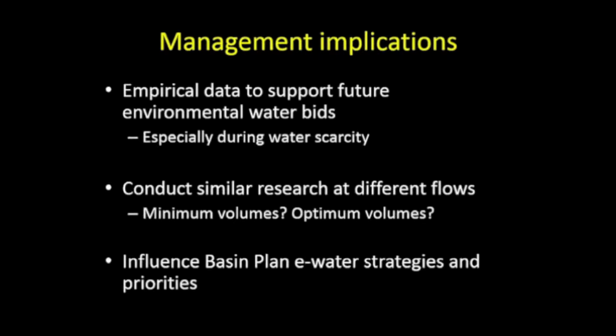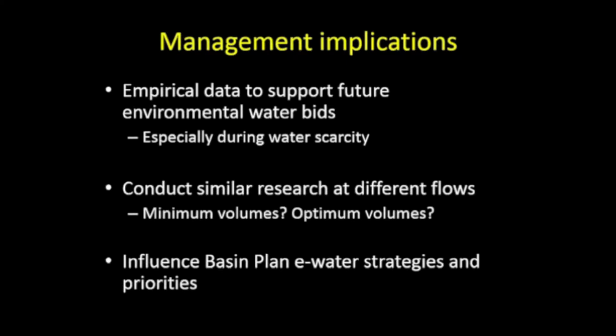And really, I guess the ultimate goal of the project was to provide some of the empirical data I spoke about before, which I think is quite important for supporting management and cases for going to water holders and arguing for water. So this should provide some of that empirical data to support future environmental water bids, and given that it was done at low flows, it will be particularly applicable to times of water scarcity.